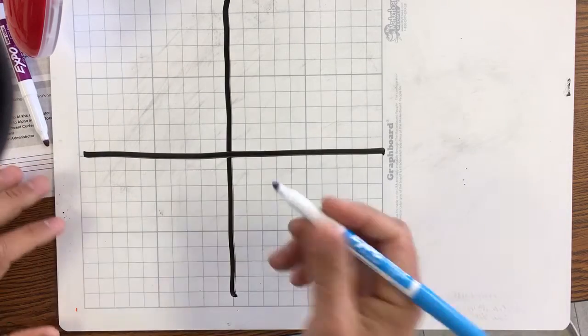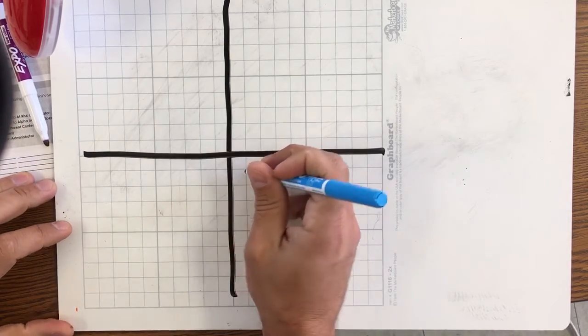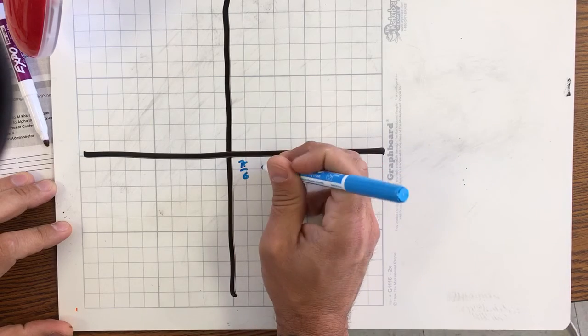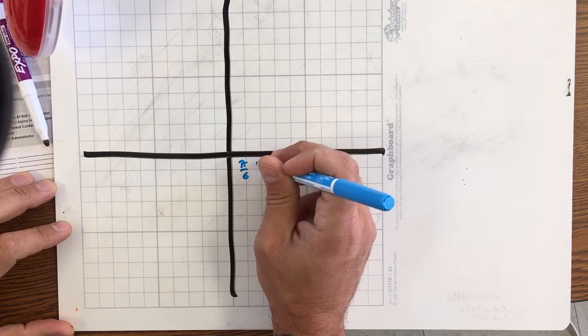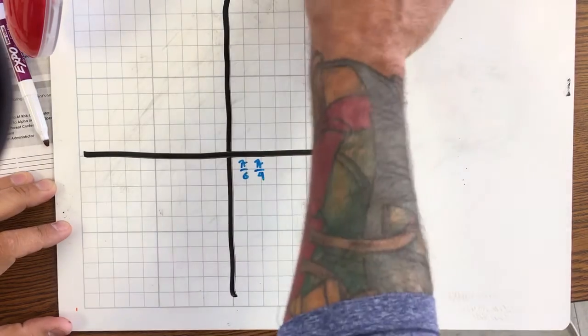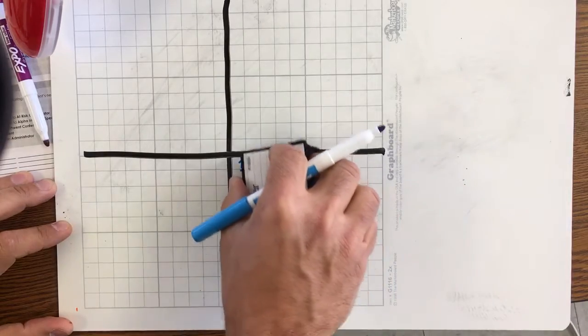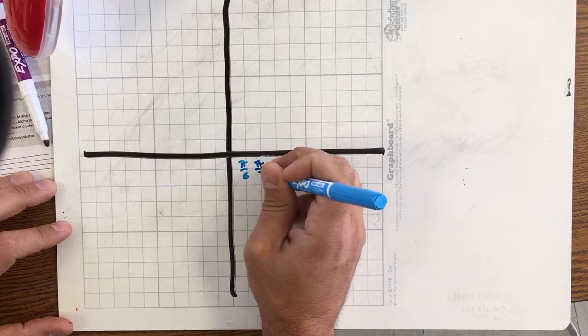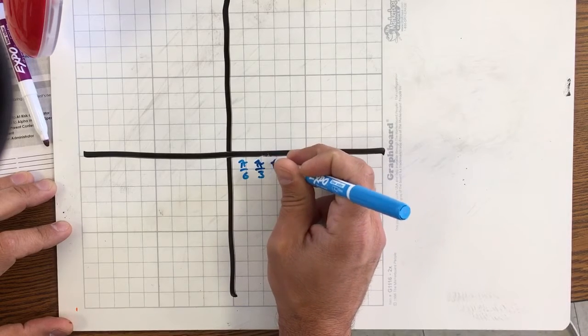The really obvious ones are pi over 6, pi over 4. Well, that needs to be a uniform movement, so I'm not going to do that. Pi over 3, pi over 2.